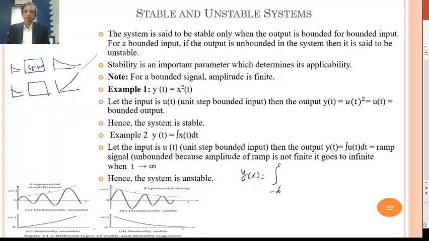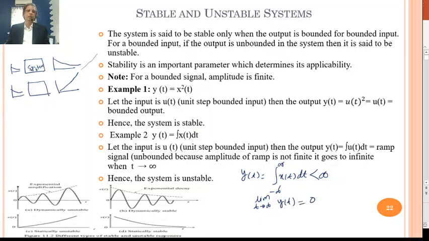Means integral from minus infinity to plus infinity of x of t dt should be less than infinity. That should be finite. And second, as limit t tends to infinity in the time domain, we define the stability of the system as limit t tends to infinity, the response y of t should approach 0.